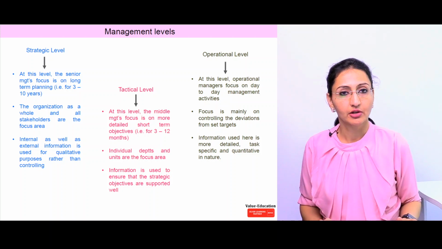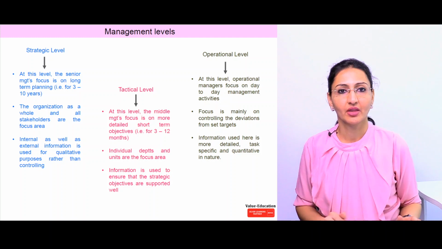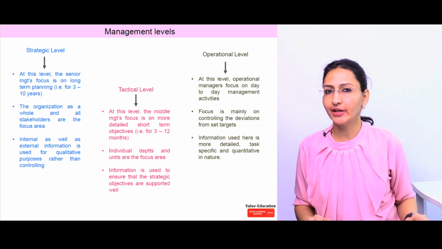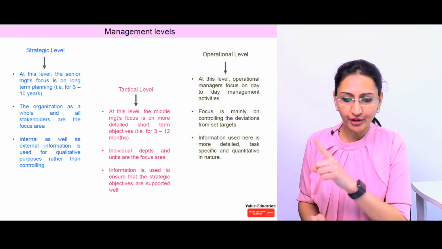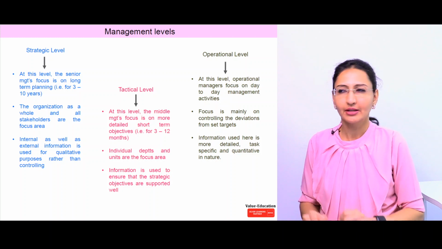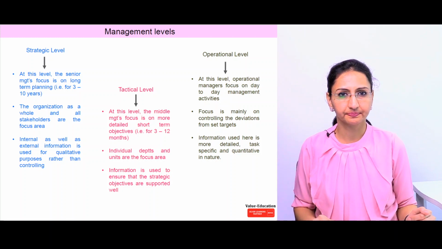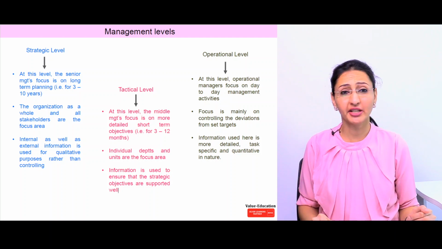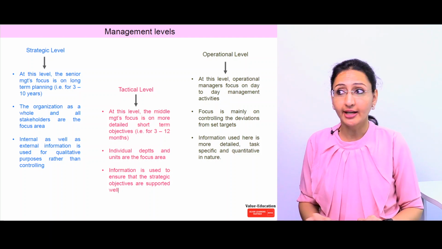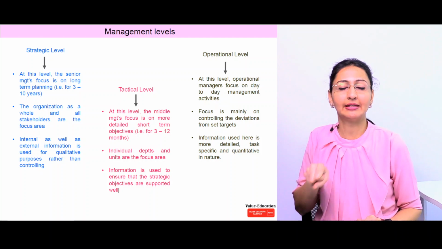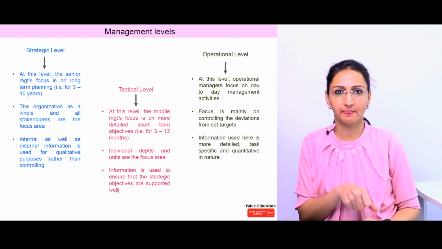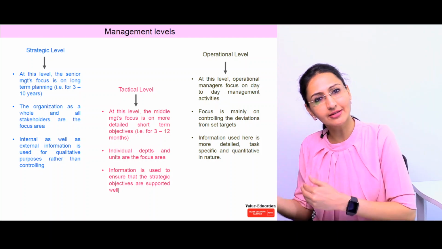That's their main job. For them, which type of information is very important and useful? More detailed information, activity specific, process specific, task specific information. If they have to take care of the raw material supply, that means only raw material supply related information is valuable for them. That's too specific, task specific.